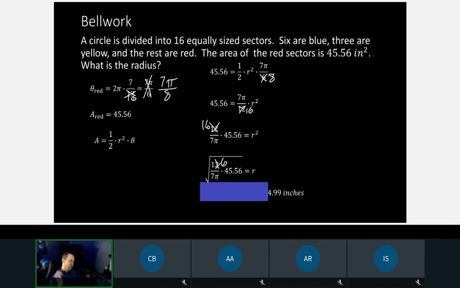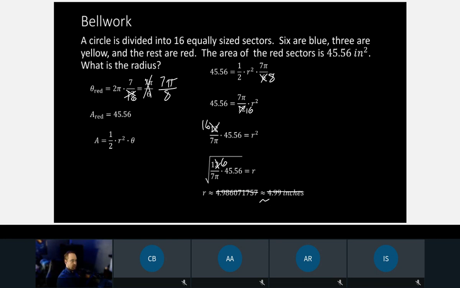Okay, so then from this step, everyone can type in the square root of 16 over 7 pi times 45.56. Then you hit enter, and you don't get that answer because I typed my work wrong. So we're just going to do that.